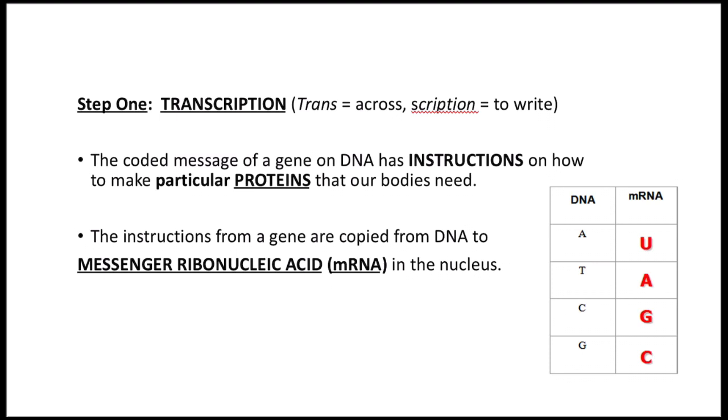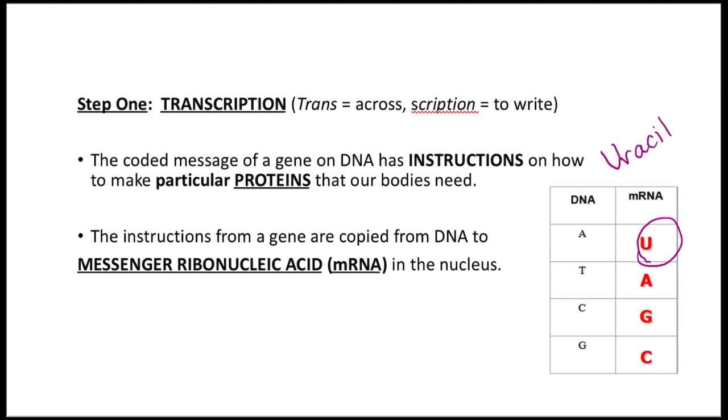The mRNA pairs up with this, but it has one slight variation in its bases. So there is no thymine in mRNA. Instead, we have uracil. So that's shown here. And I'm just going to write out the word so you can see it. So uracil.